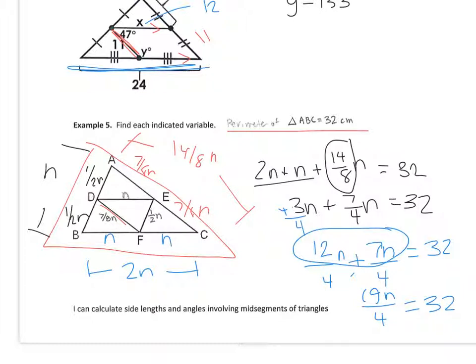So to solve this, you multiply both sides by 4. 32 times 4, 64 times 2 is 128. So 19n equals 128. And you divide both sides by 19. So n equals 128 divided by 19.